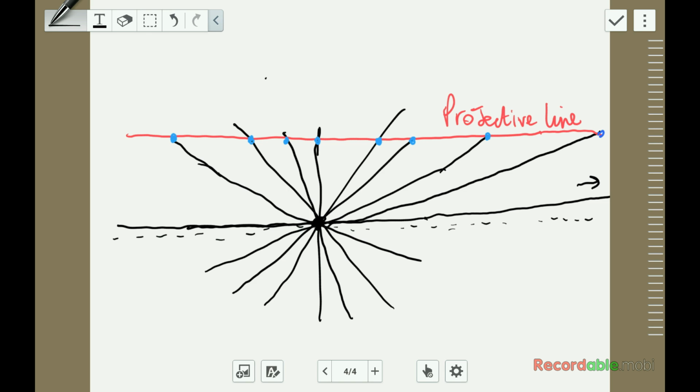And that makes a great deal of sense, because if you imagine these black lines tilting, so you imagine that they're rotating around like this.